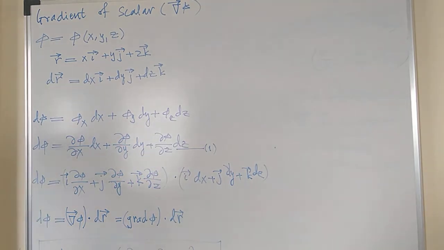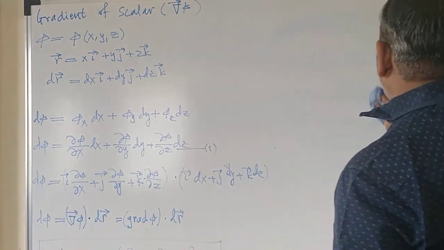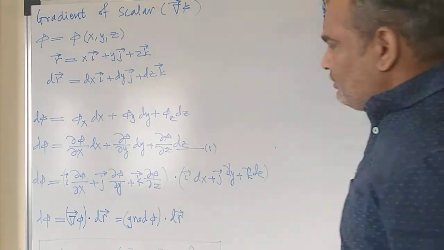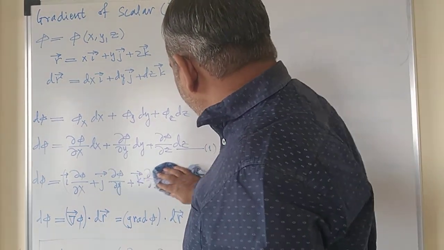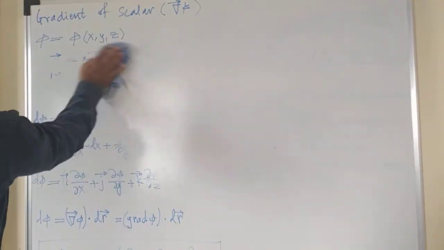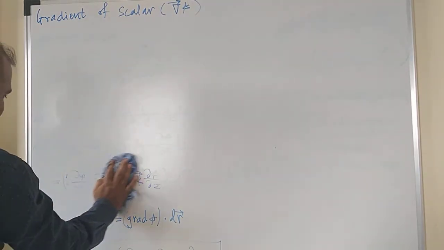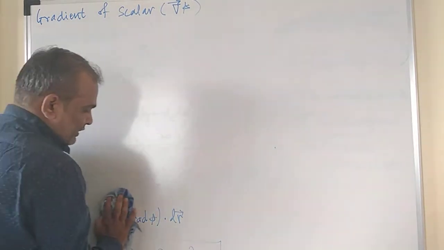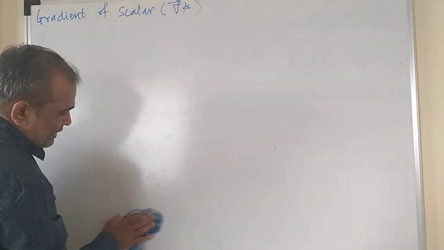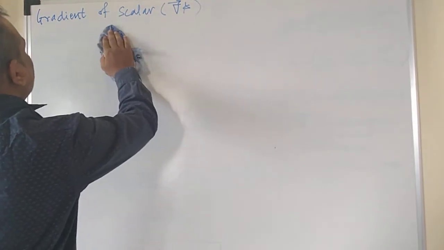And let's go ahead and try to understand the physical significance of the gradient of the scalar point function. Once we finish the physical significance, we'll see some examples based on the physical significance of grad phi, and then we'll go for the divergence, right? So let's go for the physical significance of grad phi.